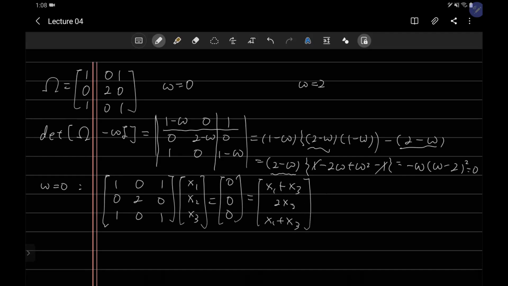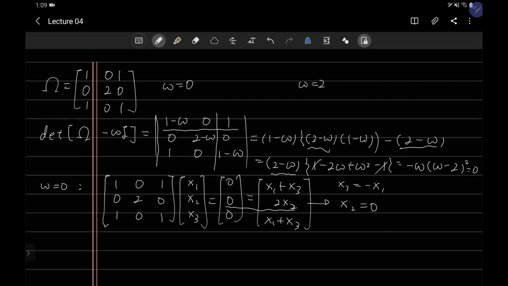So from the second equation, we can immediately obtain that x2 should be 0. And the first and third equations are the same. From this one, we obtain that x3 should be minus x1.